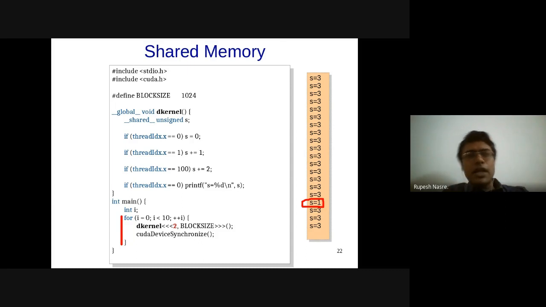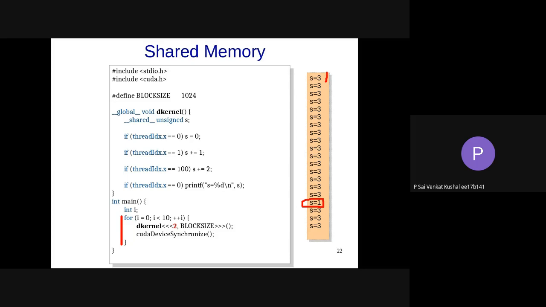But maybe if you are lucky, it can. Even with one thread block, if I keep running it, it should possibly give that inconsistent output. So with multiple thread blocks being run the first time, maybe this s equal to 1 could have happened at the start itself, if I was lucky. So it's possible that it can happen, but my feeling is that maybe it will not happen, but you should definitely check. Okay, sir.